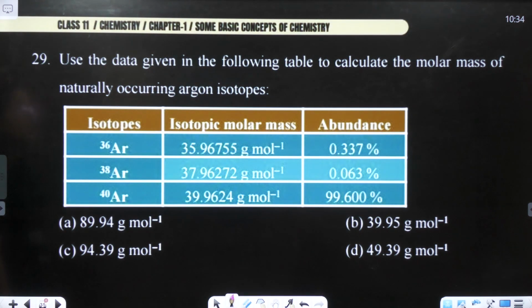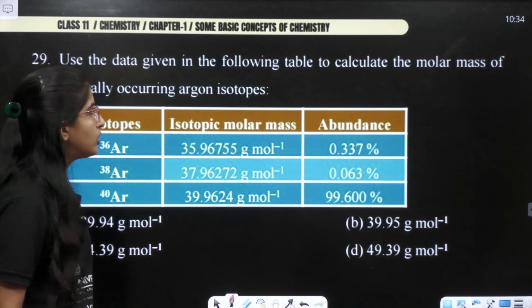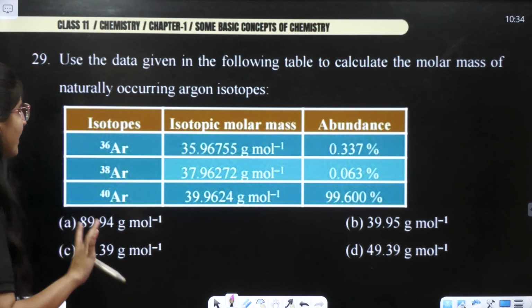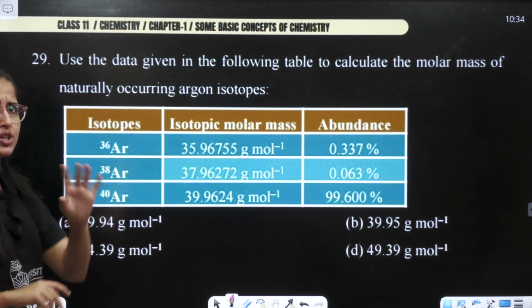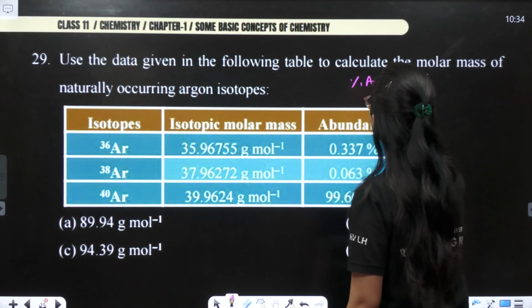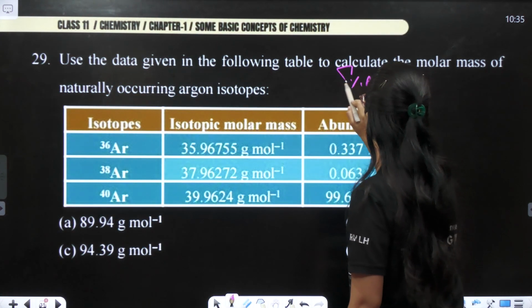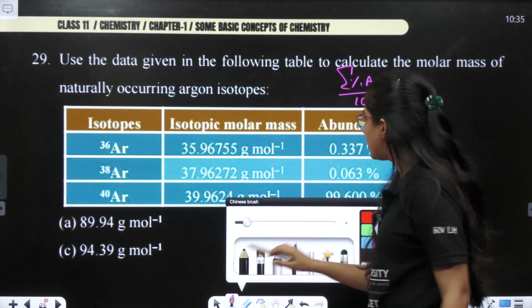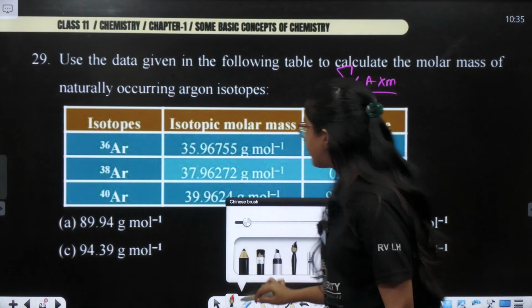Next question. Use the data given in the following table to calculate the molar mass of naturally occurring argon. This question is very simple. You know that you multiply percentage abundance by molar mass, calculate the summation, and divide by 100. Correct? But in an examination, what you can do is first see the options.